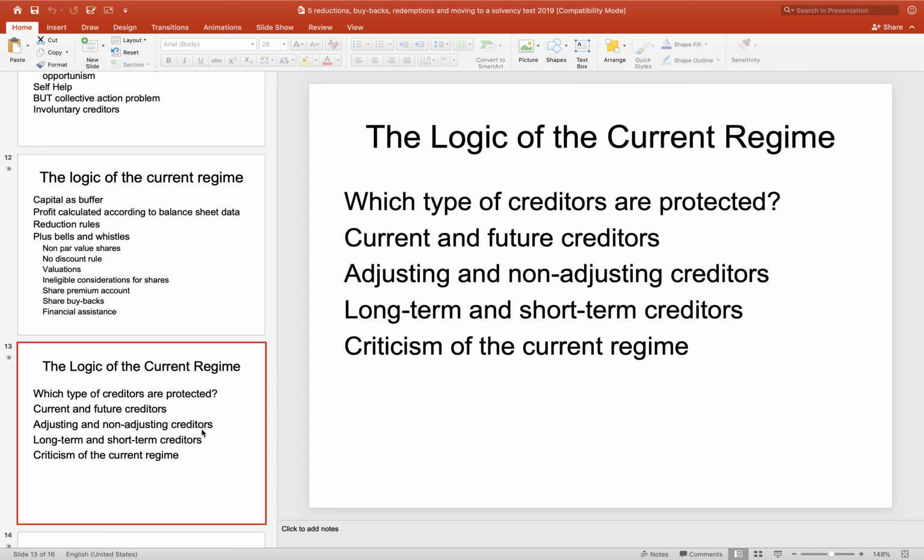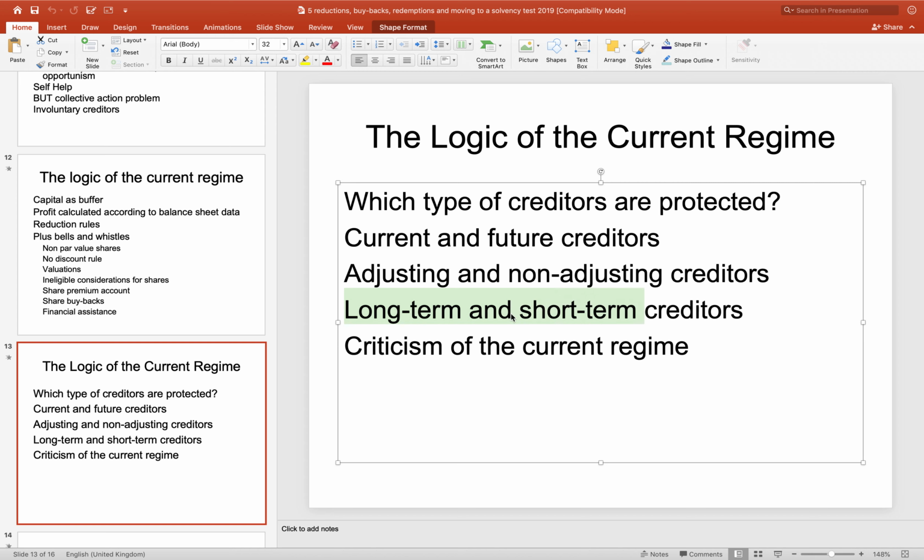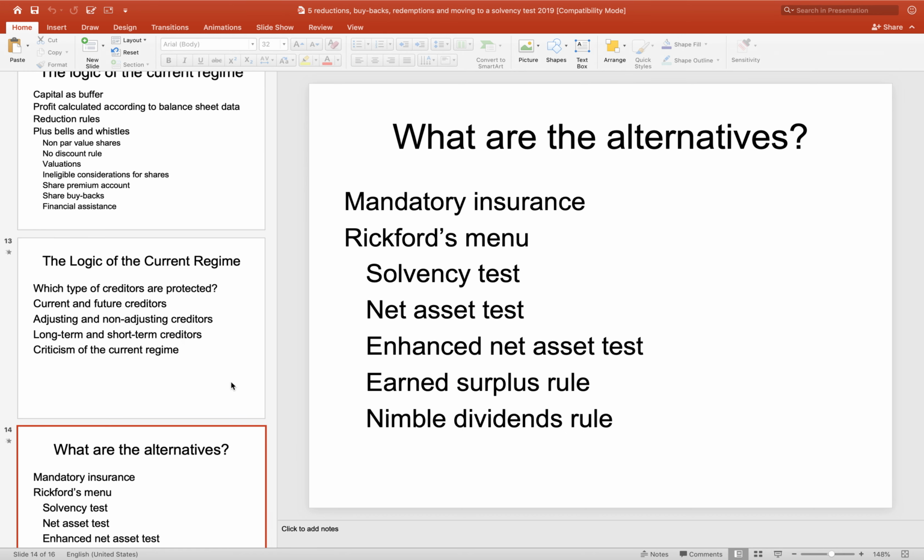Now, there is an idea that the current regime protects long as well as short-term creditors, and that's true. And that's because any creditor's claim, no matter when the debt is due, is recorded on the company's balance sheet. But of course, what you do is you compare that debt with the current assets. So that isn't quite right, because those assets won't be there when the debt is due. So it is a protection of future creditors.